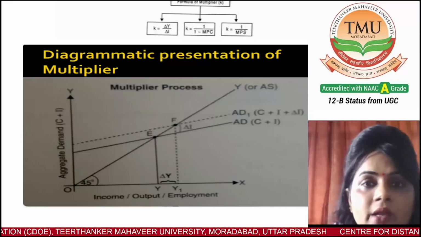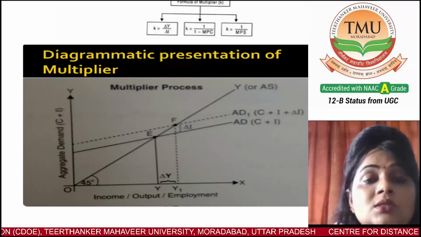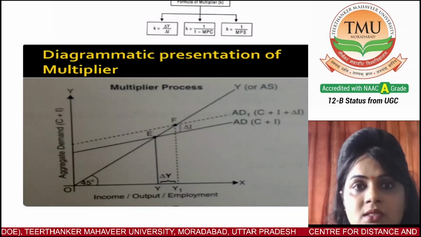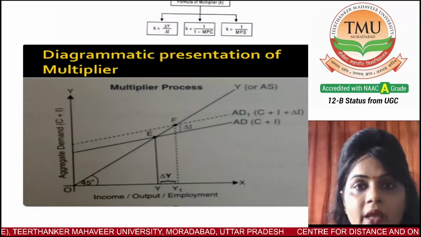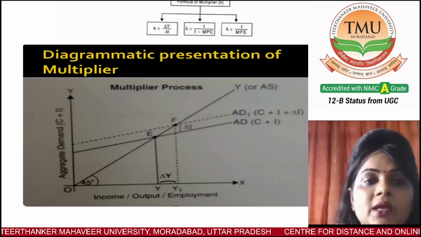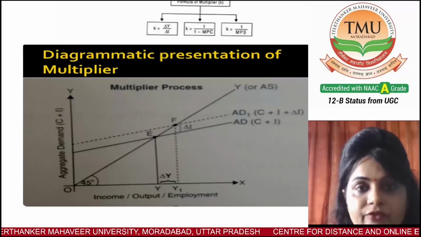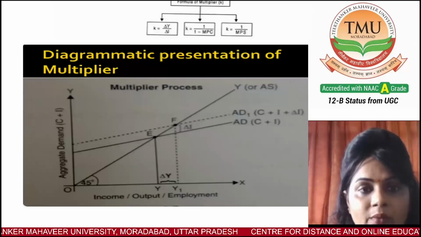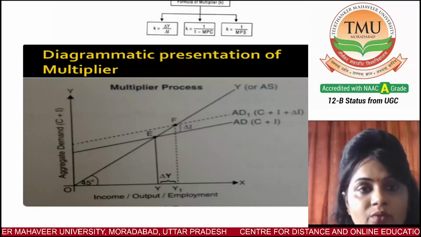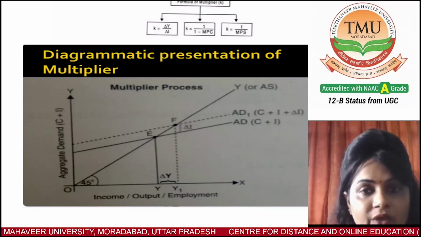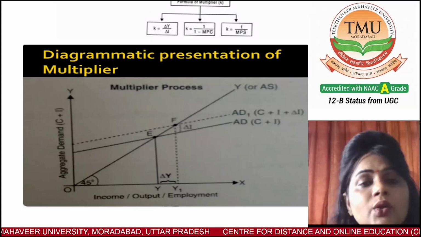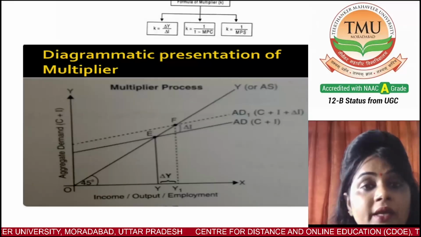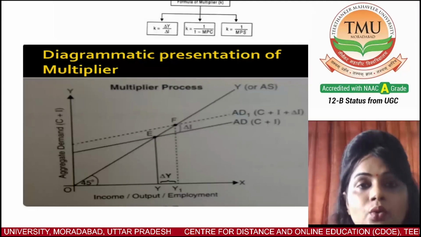The new aggregate demand curve AD1 crosses the aggregate supply AS at the point F. As a result, OY1 is the equilibrium level of income due to an initial increase in the investment. The income increases from OY to OY1.